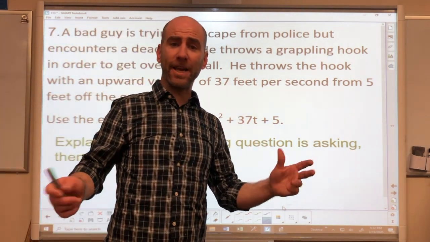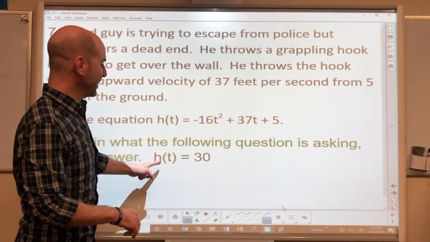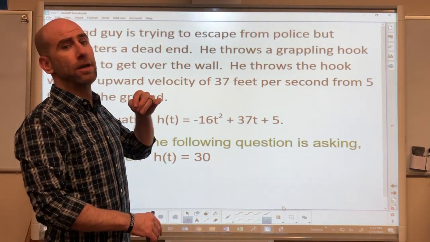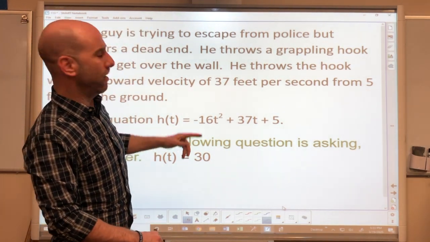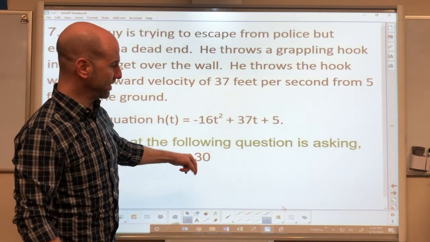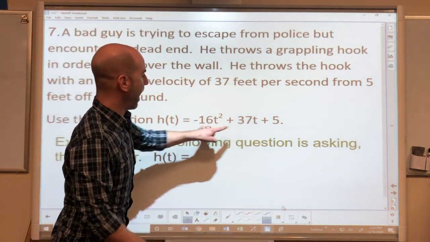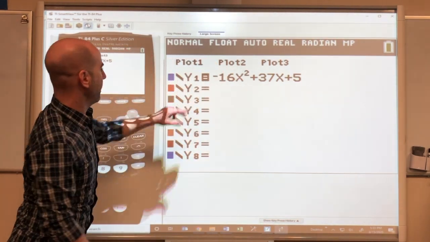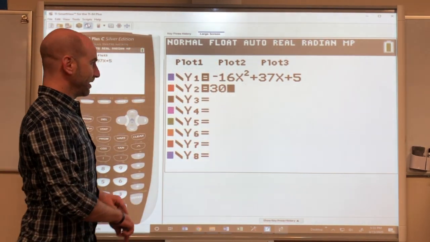Okay, let's see how you did. This question is asking, how long will it take the hook to reach a height of 30 feet? So I'm going to go to the calc. I've plugged this in, and I want to plug in 30 feet right there.